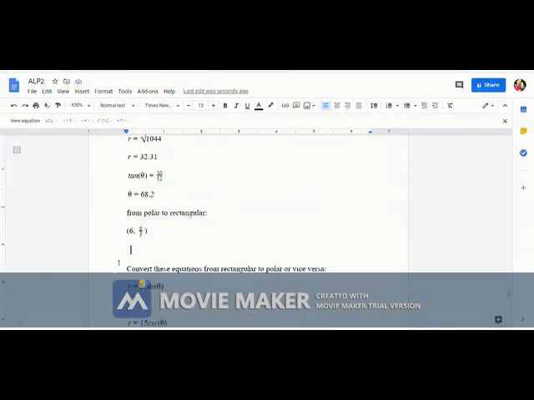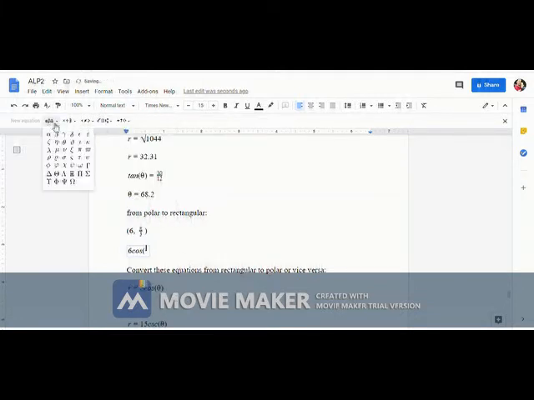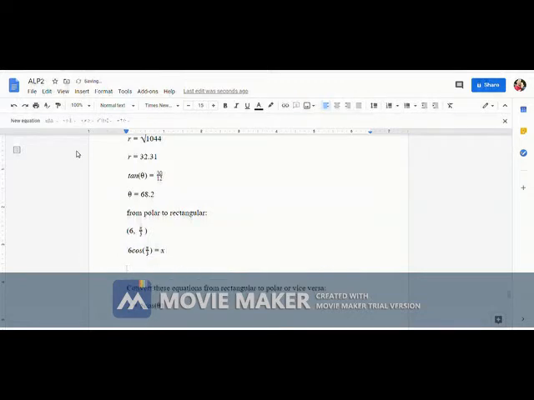So we'll do 6 cosine of pi over 3 equals x.